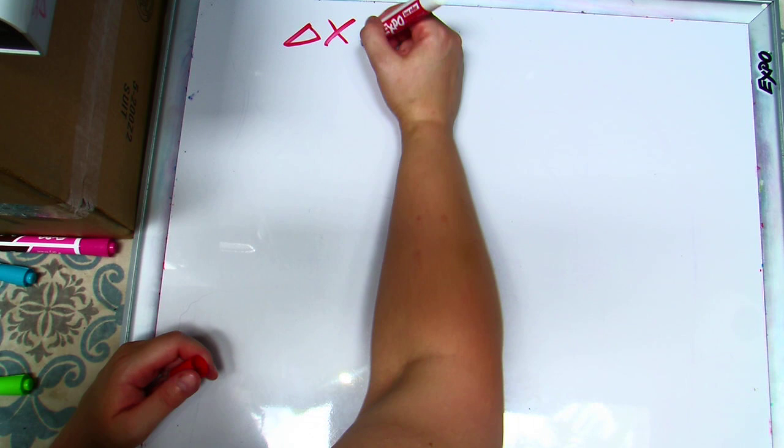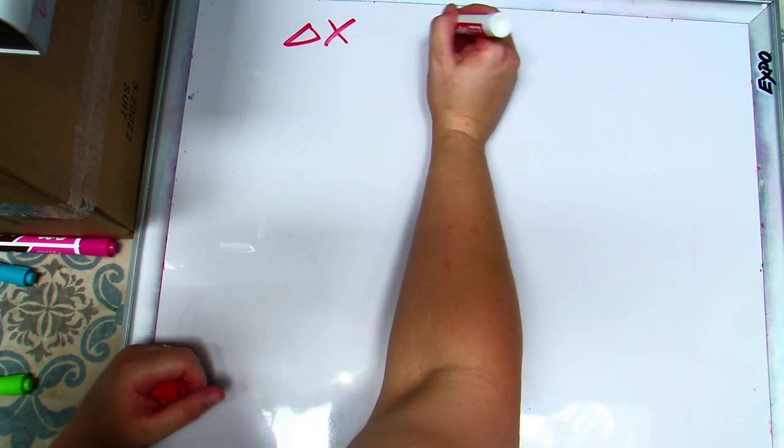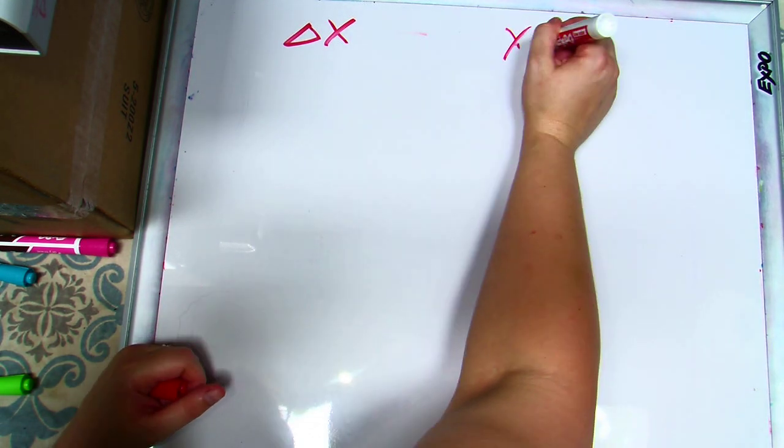So, welcome back. Today we are going to be talking about how to derive a final displacement equation using constant acceleration. Now, if you remember, displacement, sorry about that, is delta x. And we want to find out the final displacement, which would be xf.